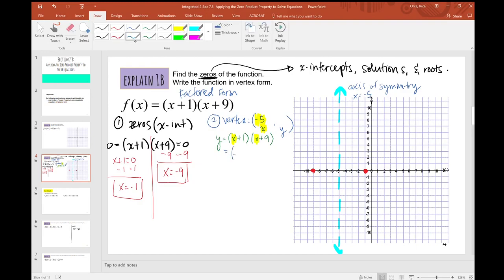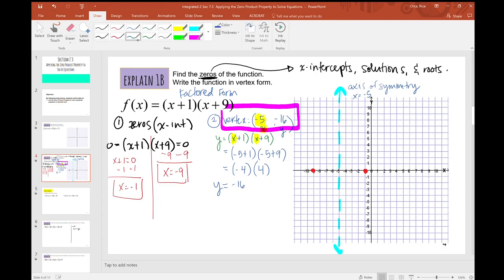So that's -5 plus 1 times -5 plus 9. -5 plus 1 is -4, and -5 plus 9 is +4. -4 times +4 is -16. So the y value of our vertex is at -16. So now I know that the vertex is at -5, -16.